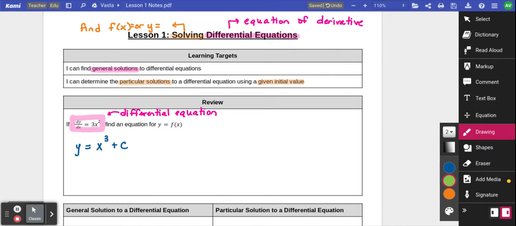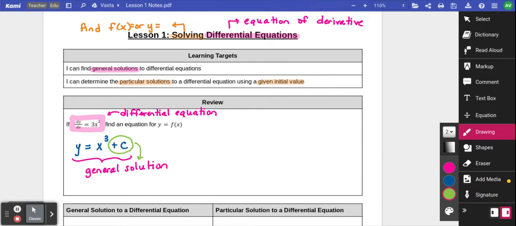Now, this plus c right here is what makes this the general solution to a differential equation. And the reason that this is called the general solution is because we don't know the value of c. We know that our answer is going to look something like this. It's going to be x cubed plus something in general, but we don't know the specific value of c that might have been there for this equation because we can't tell.